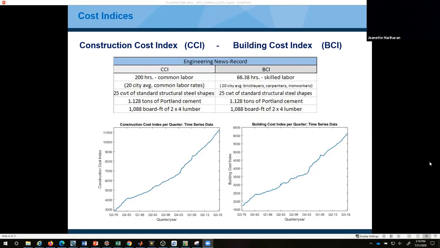And the building cost index has been used historically for estimating from skilled labor sets, 66.38 hours over a 20-city average for bricklayers, carpenters, and iron workers, who are considered the most skilled laborers, and other construction products that are needed, steel, cement, and lumber being the three most important ones, and the 24 count weights of hundreds of products for steel, 1.1 tons of cement, and 1,000 boards of 2x4 lumber.